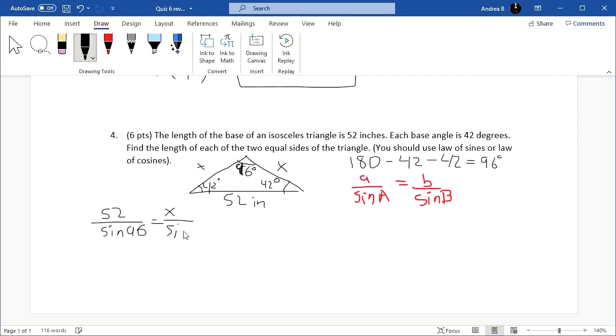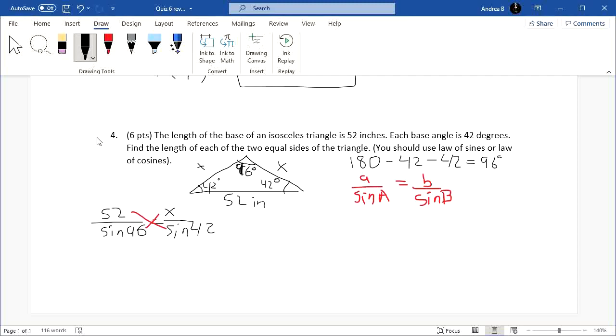And then like normal, anytime you have a proportion, we want to cross multiply to solve this. There's definitely other ways to do it as well. This is typically the way that is easier for most students to understand.